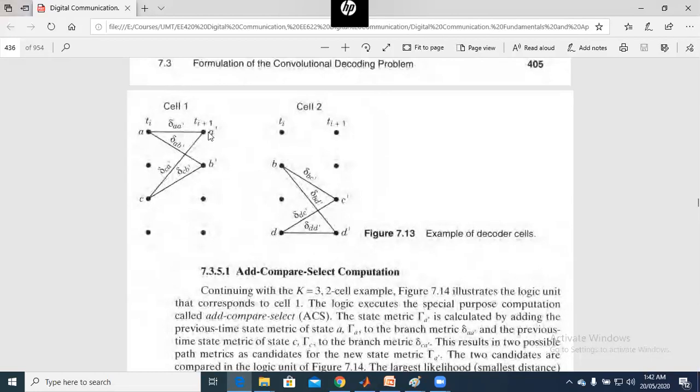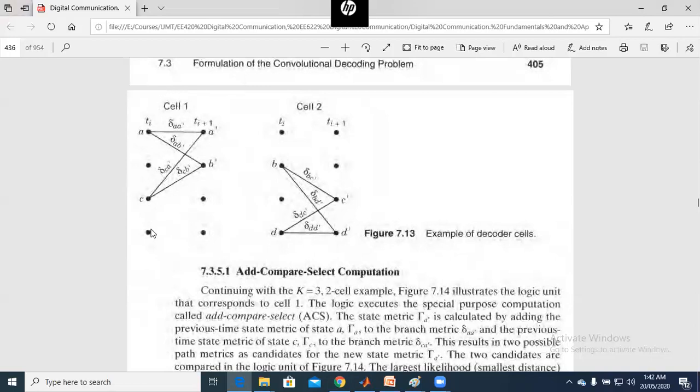We add delta A plus delta A dash, and we add delta C plus delta C A dash, and we compare these 2 paths. And we reject the one with the minimum Hamming distance. And similarly, on cell 2, we do the same process.